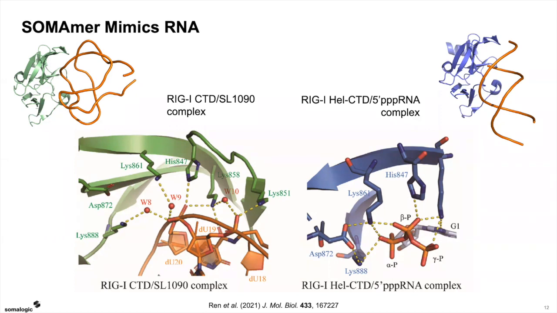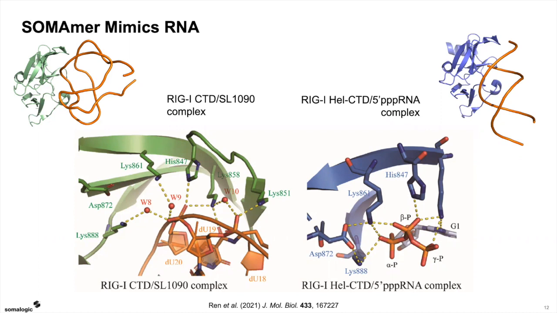And so just looking at these orange ribbon diagrams of the somomer and the RNA, you can see the structures are completely different. But then looking at how they're interacting, you can see they're using very similar strategies to bind the protein, even binding the same exact residues on the protein.